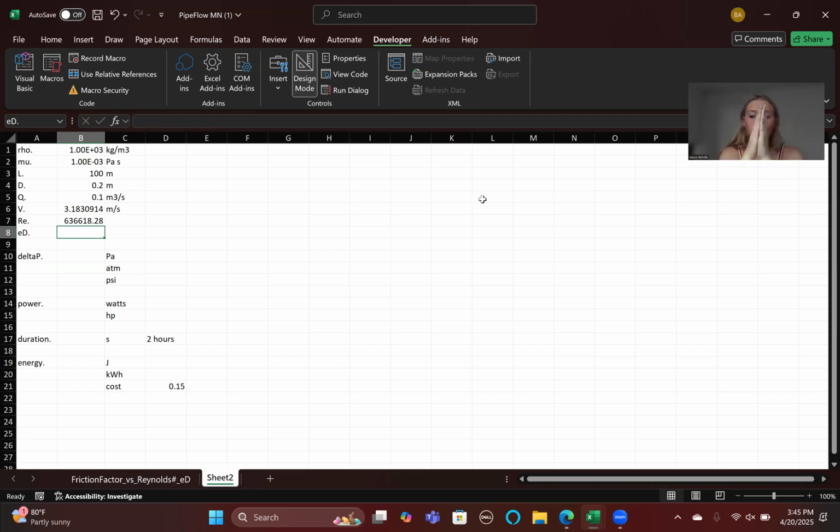So the ED is the roughness of the pipe, which is given. I just forgot to put it in, which is 0.1.